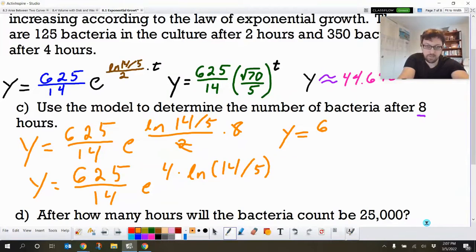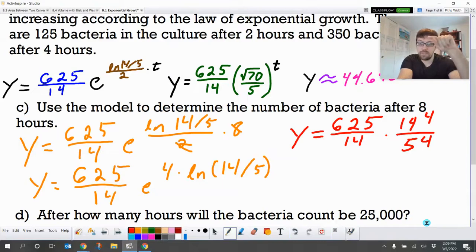So we get 625 fourteenths multiplied by 14 fifths to the 4. We get 14 to the 4th and 5 to the 4th. 625 is 5 to the 4th, so these two are going to cancel each other out.